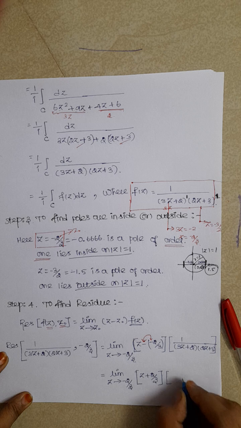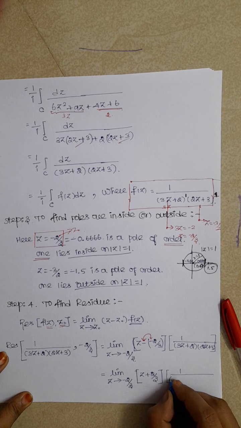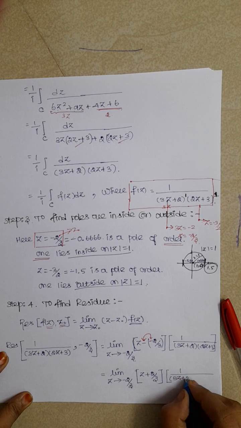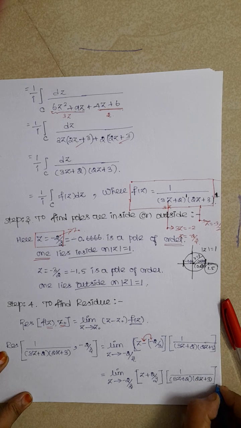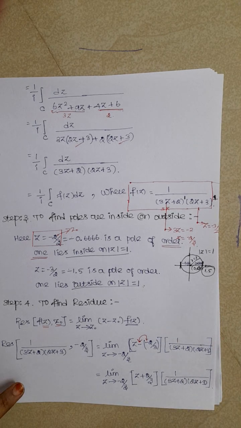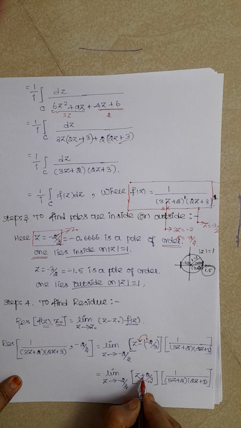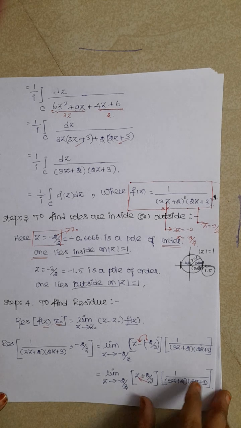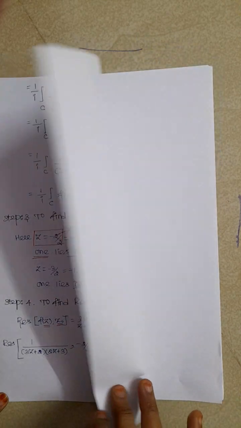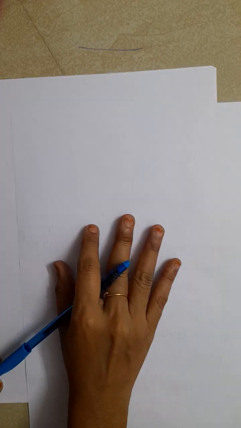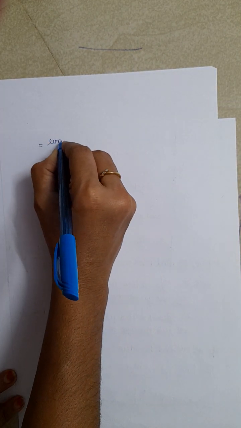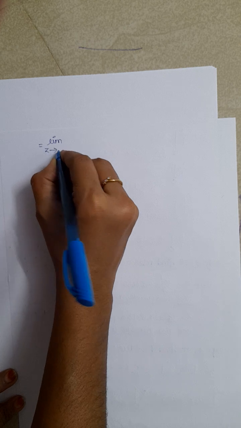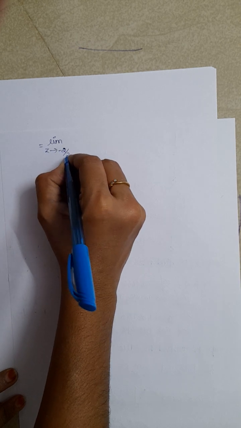Next, f(z) value is same as 1 by (3z plus 2)(2z plus 3). So next step, you can cross multiply this term. The limit is the same, so you can do the cross multiplication.